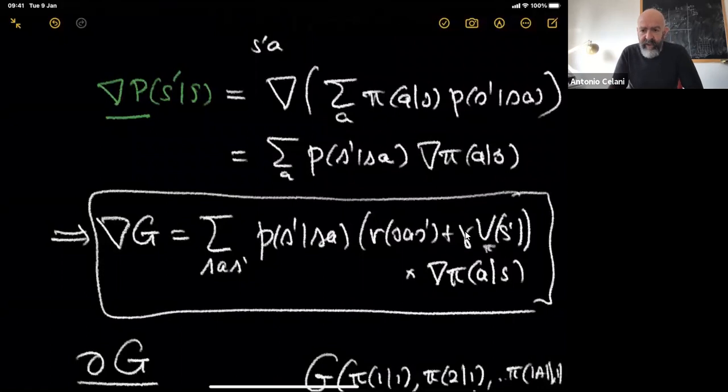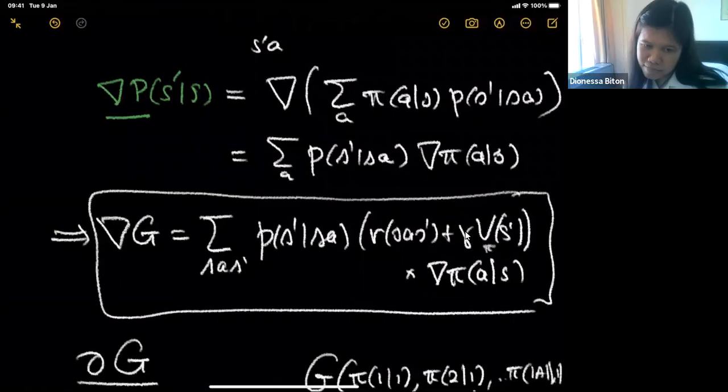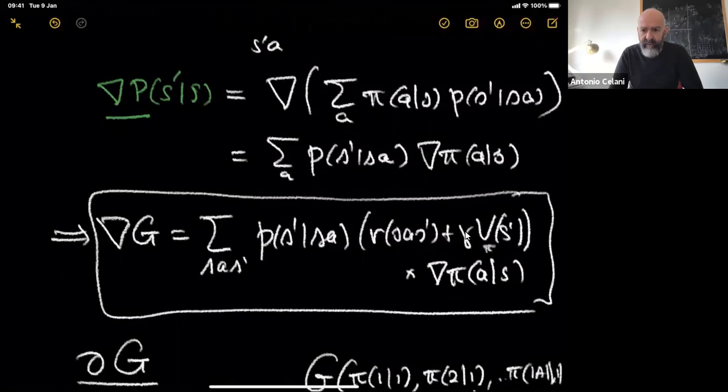You have a policy, you compute your value function for that policy using the recursion. You can compute this gradient analytically because you know what the policy is, you choose how to express it.